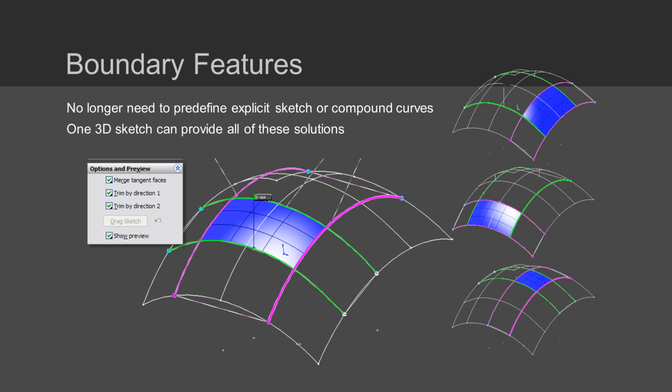So you don't have to actually explicitly define the portions of the curve that you want to build a Boundary feature in. You can select the general curves and then let these options just define the area that you want to build to. So very useful. It really reduces the number of total features in SolidWorks to have this feature.